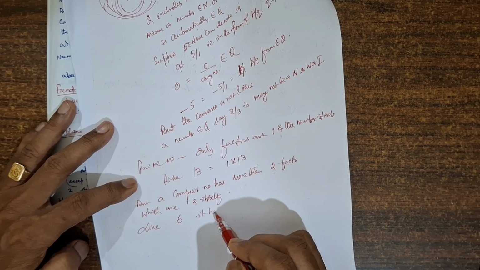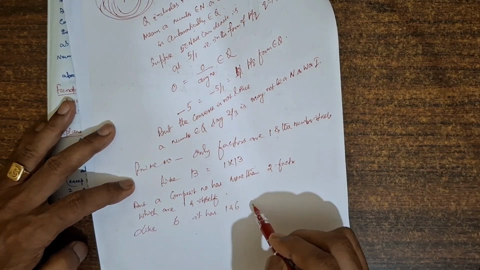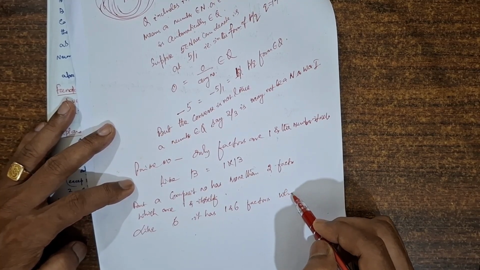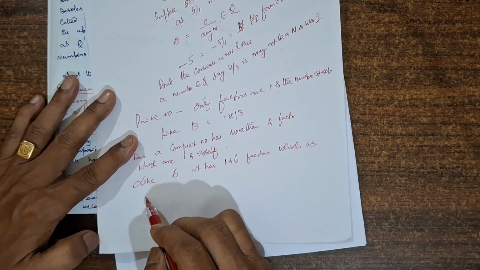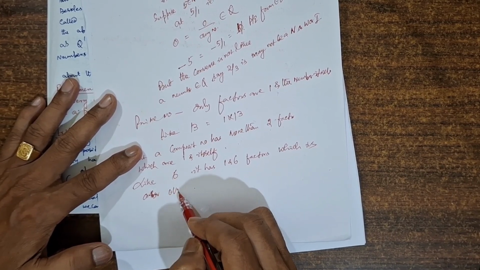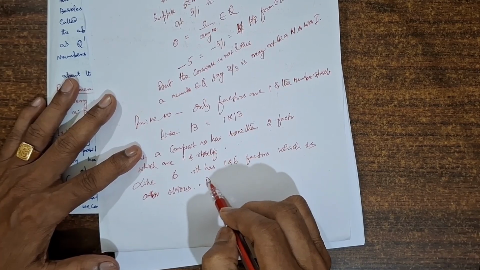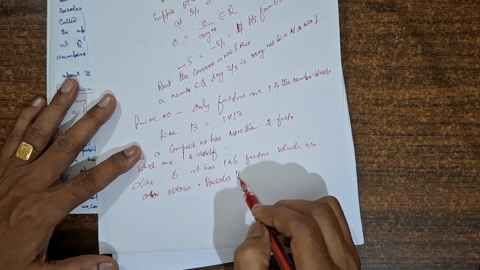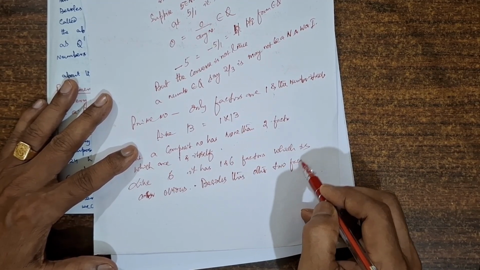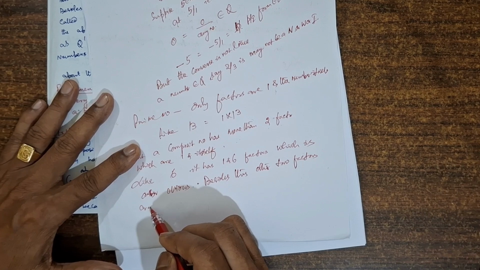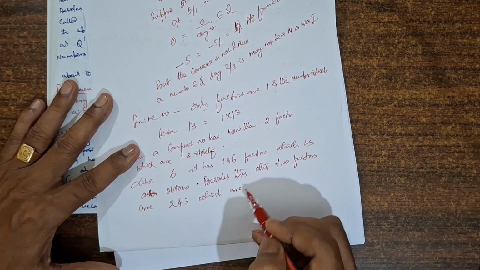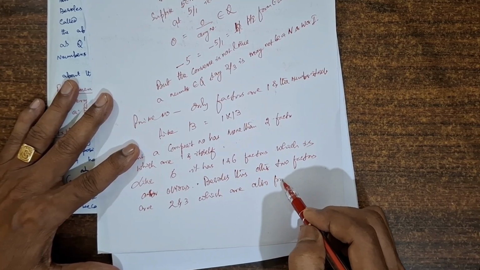It has 1 and 6 as factors, which is obvious. Besides this, the other 2 factors are 2 and 3, which are also primes.